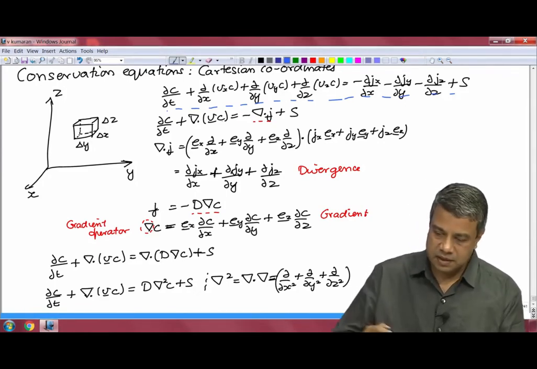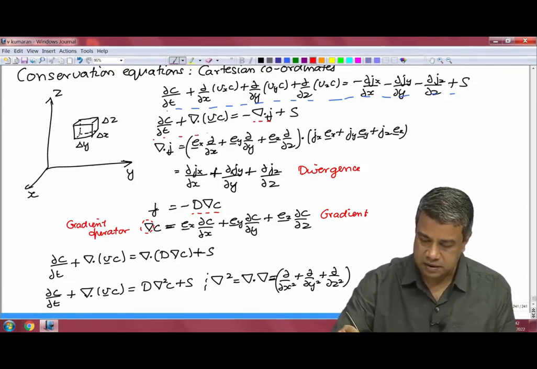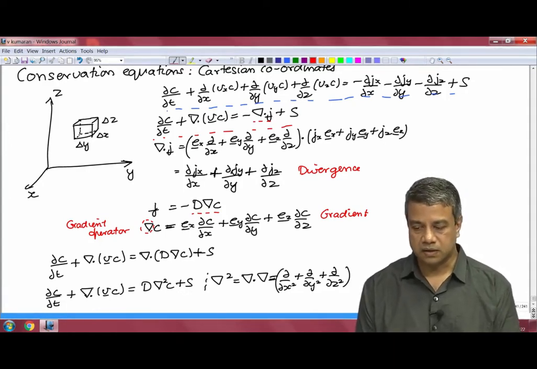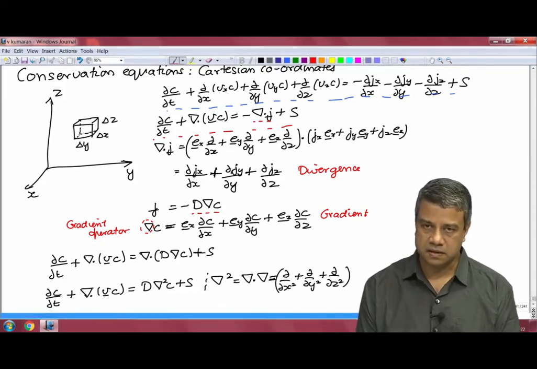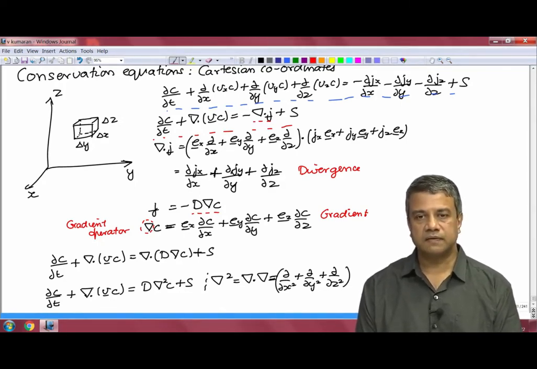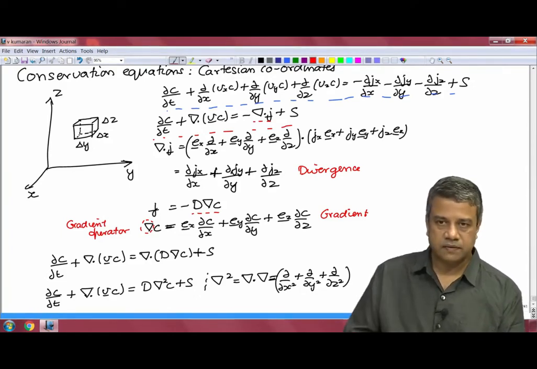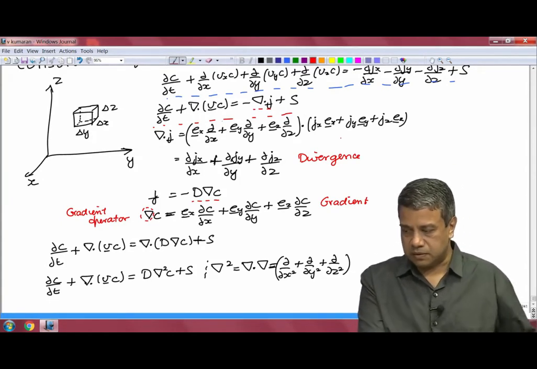However, the equation when written in vector notation does not change, regardless of how the coordinate system changes, because all of these terms here, the velocity vector, the flux vector, the concentration scalar, they all have a value and a direction in the case of vectors, which are independent of the coordinate system used for analyzing the problem. Okay. So, the equation written in coordinate form does depend upon the coordinate used. The equation written in vector form will not depend upon the coordinate that is used.